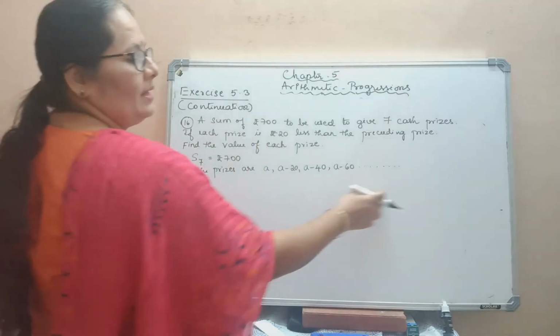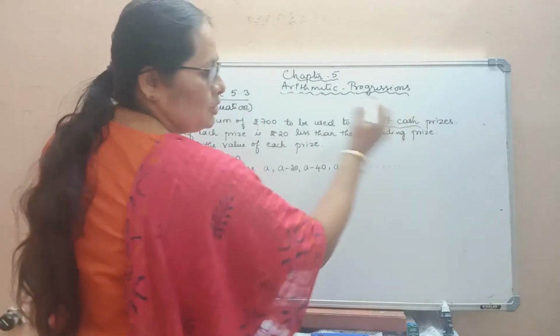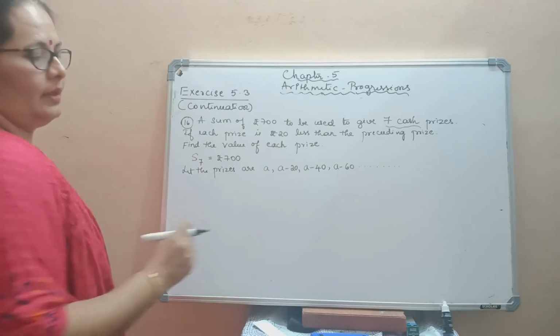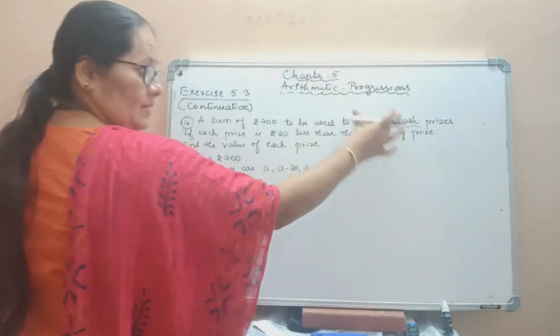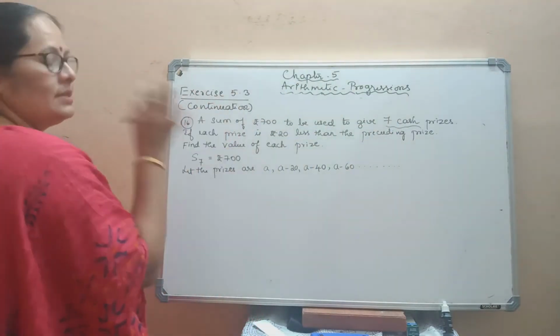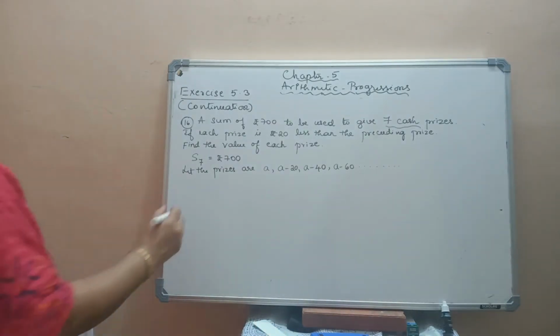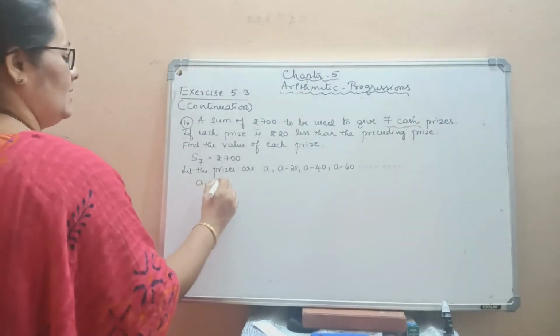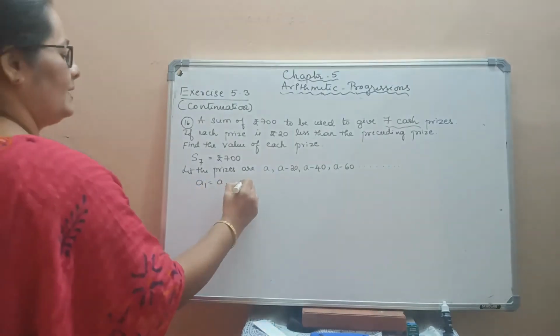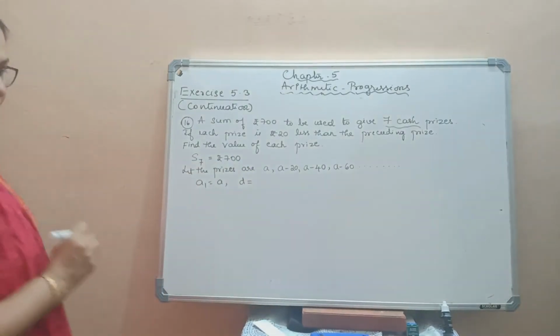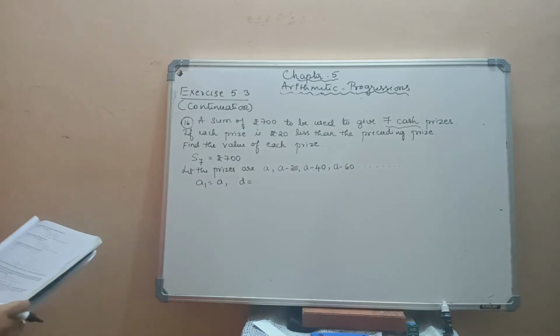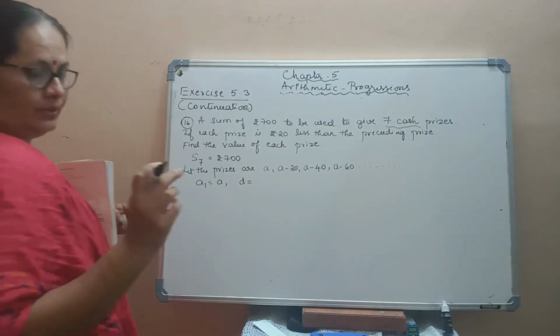Like that, how many cash prizes? 7 cash prizes. The total amount of these 7 cash prizes is 700 rupees. So the first term a1 is A here, and the difference is 20 rupees. You need to calculate the difference.